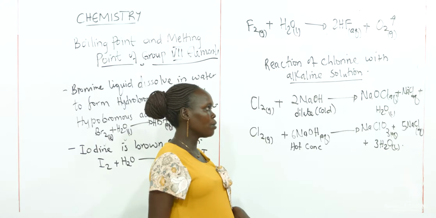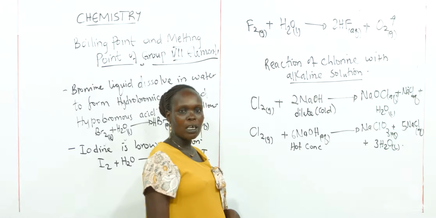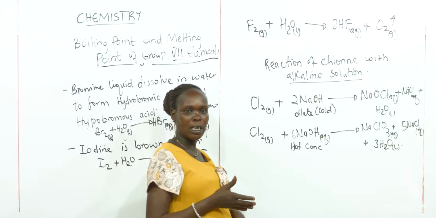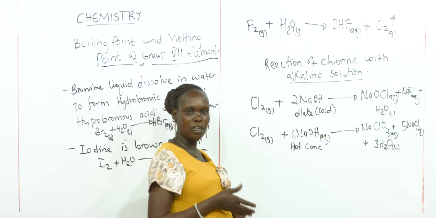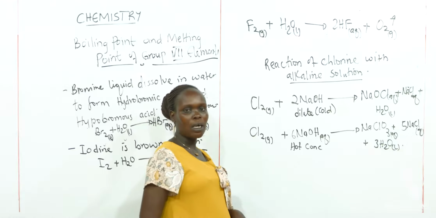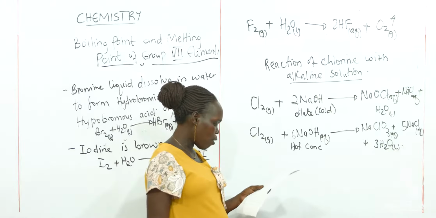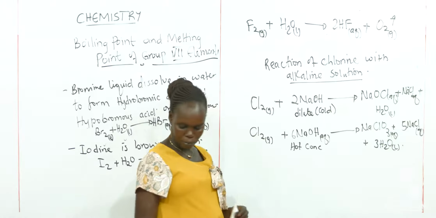So in this case, chlorine is taken as an example to show that the reaction can be in such a way, with different products for the hot concentrated alkaline solution and the cold alkaline solution, with sodium hydroxide taken as an example for all the other elements.